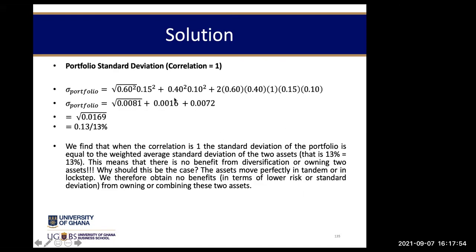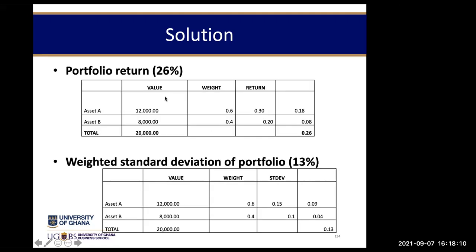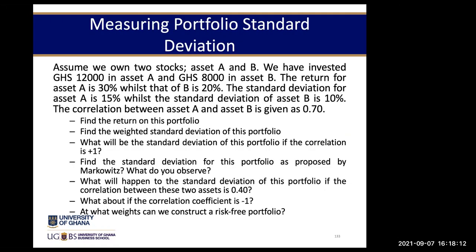But what we are more interested in is the standard deviation. Remember that the weight of asset A is 60%. So we square it: 0.6 squared times the standard deviation of the first asset. If we go to the question, you will see that it's 15%.